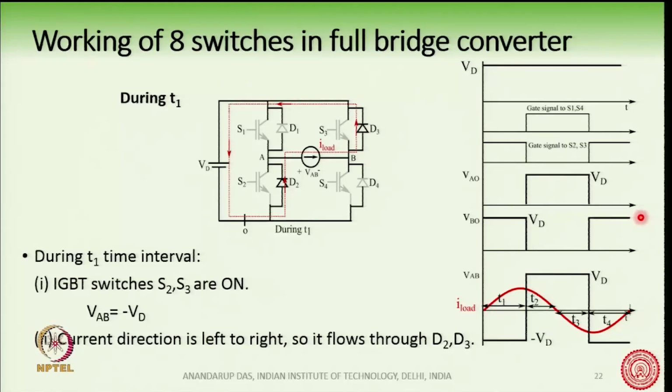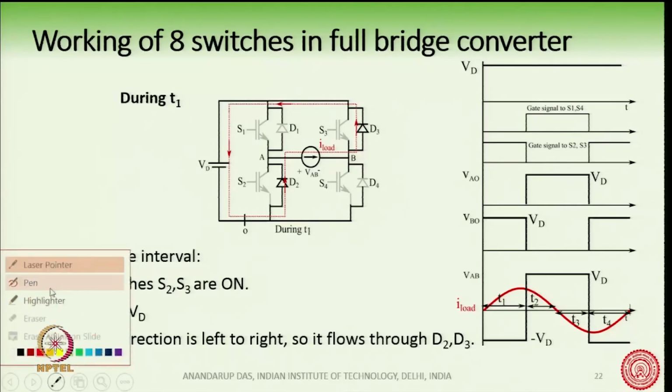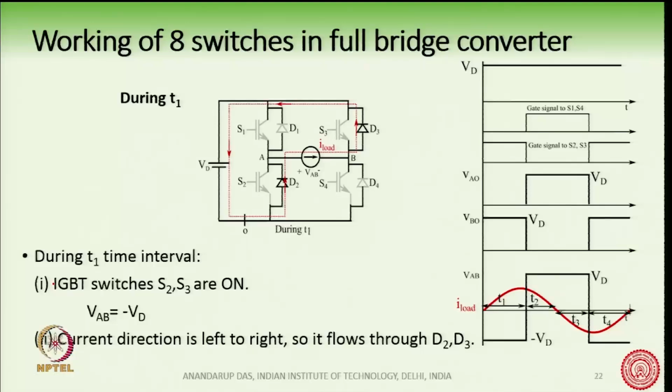So, during this time, what is the VAB voltage? VAB voltage is nothing but VAO minus VBO. I should write it here as VAB is equal to VAO minus VBO.